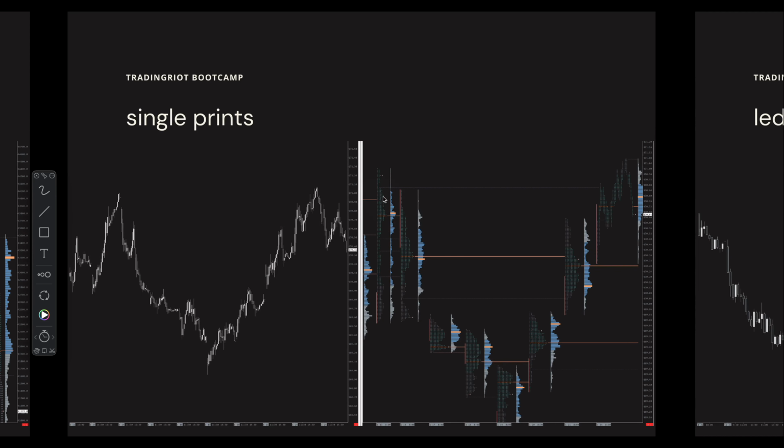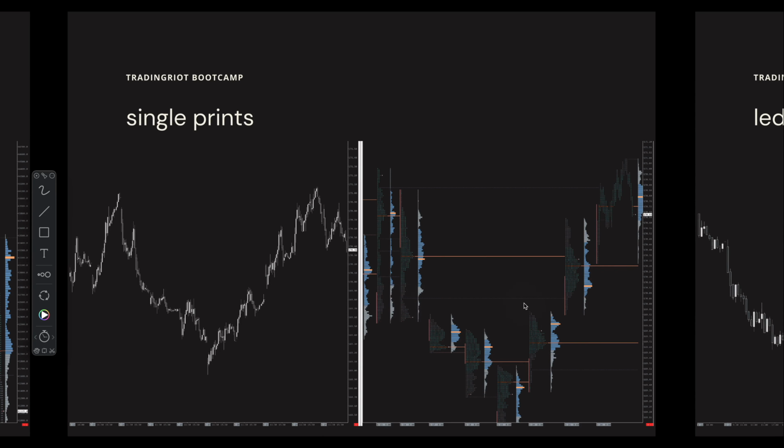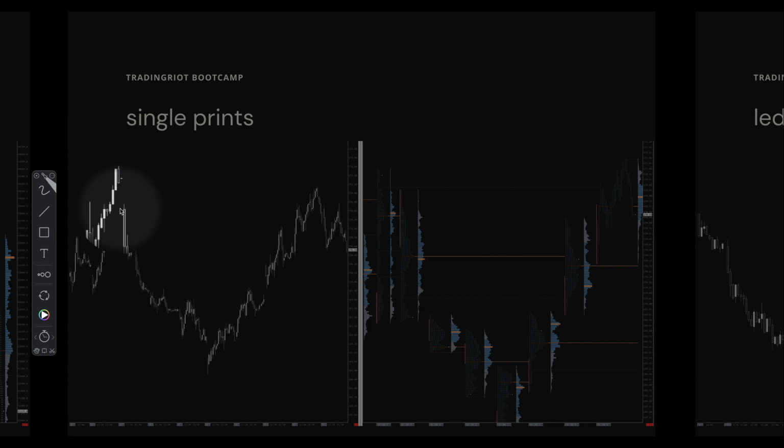but if we take a look at what singles are, these are these 30-minute candles where the market just went a little bit too fast. For this example, above this high of the day there is a gap, which, if you are trading legacy markets, these gaps often get filled.